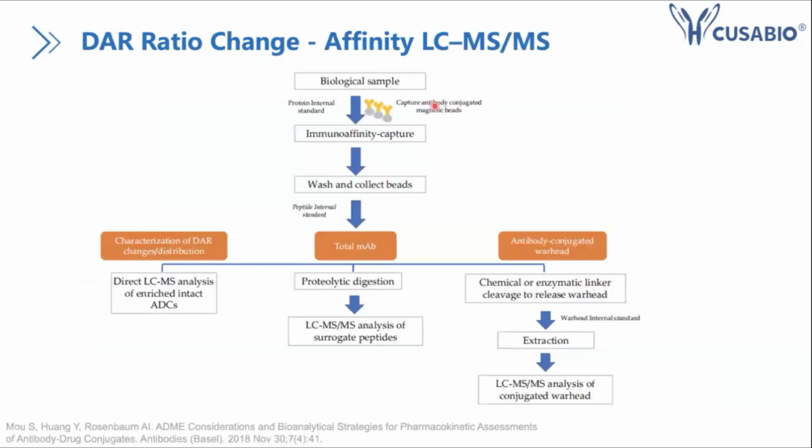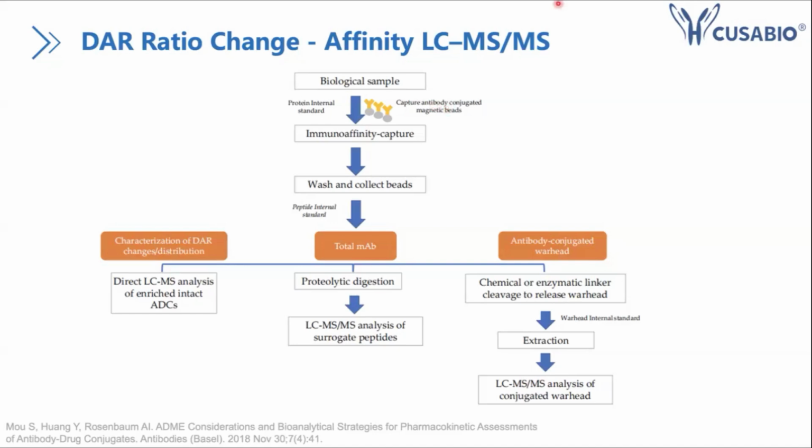And then the last portion in the first part of today's webinar is the DAR change, which I mentioned before. DAR is the therapeutic index of an ADC. After you understand the DAR change, you can make a prediction about this ADC's efficacy and safety.